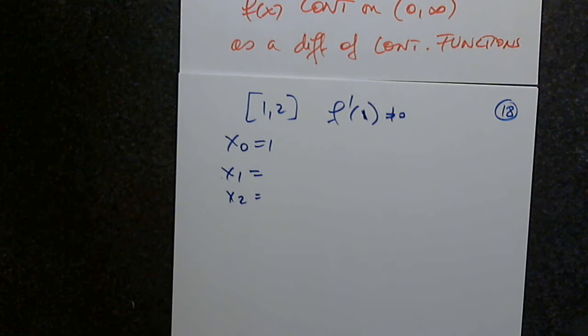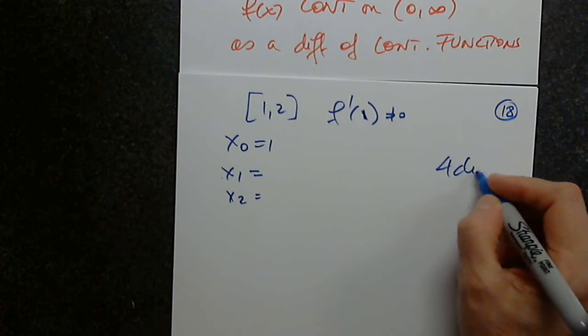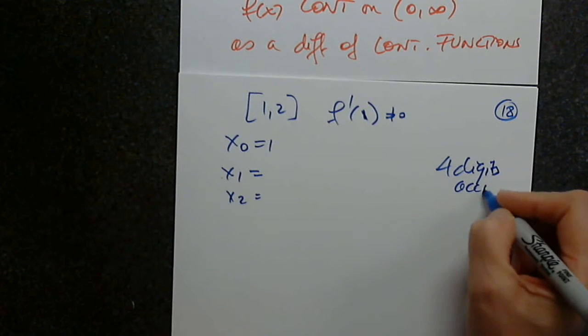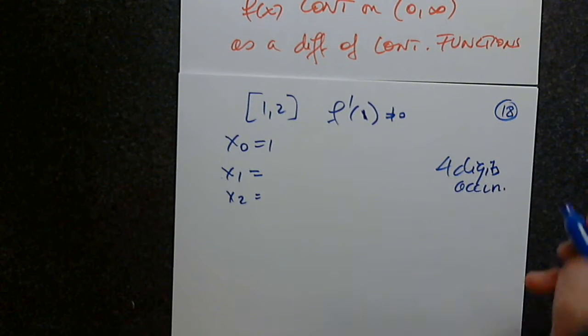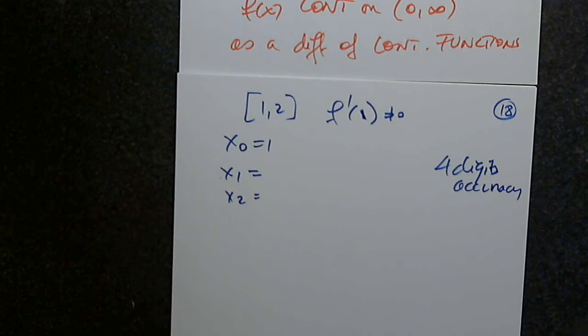What accuracy do we want? How many digits? You want 4? Very good. So 4 digits accuracy. Very good. So we do not delete what you already have, because you already have the function.